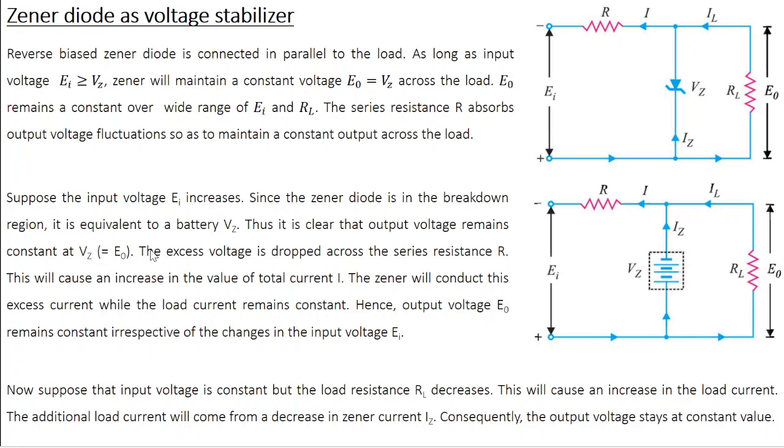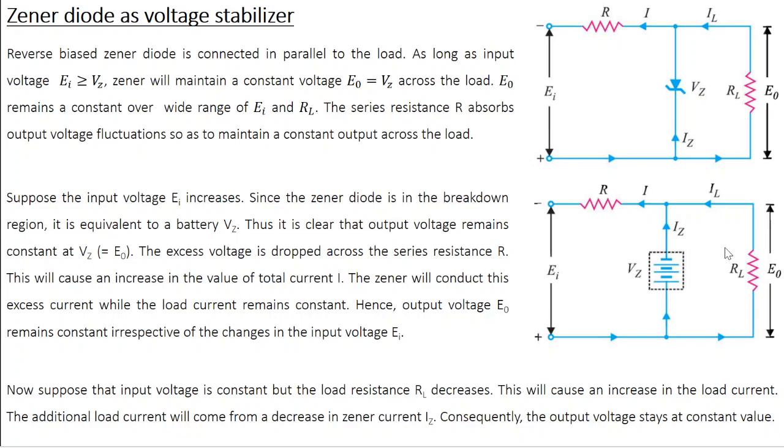So in summary, when the input voltage EI increases, the Zener current IZ increases proportionally so that the output voltage is going to remain constant. Similarly, when the load resistance RL decreases, in response the Zener current IZ is going to decrease so that the output voltage once again is going to remain constant.